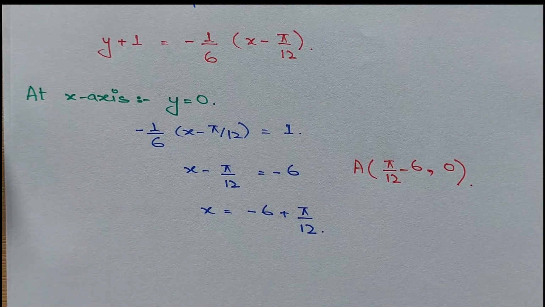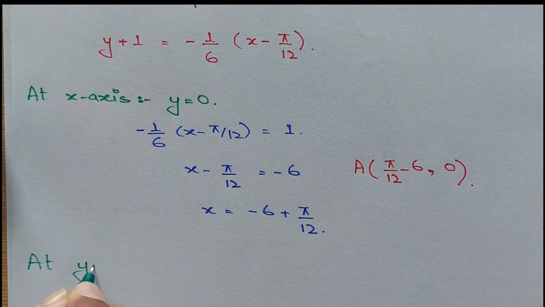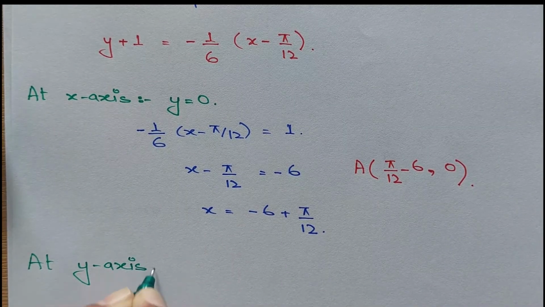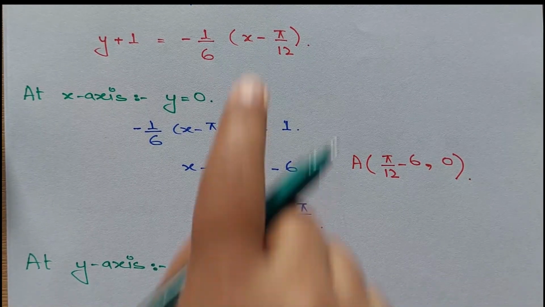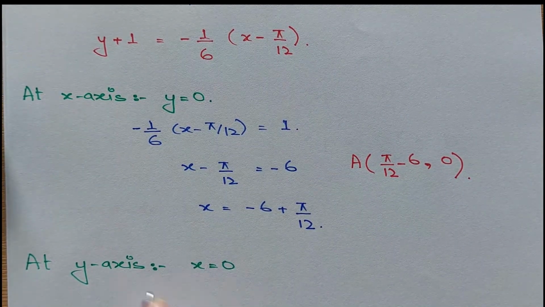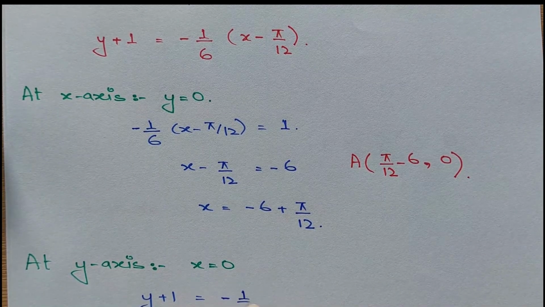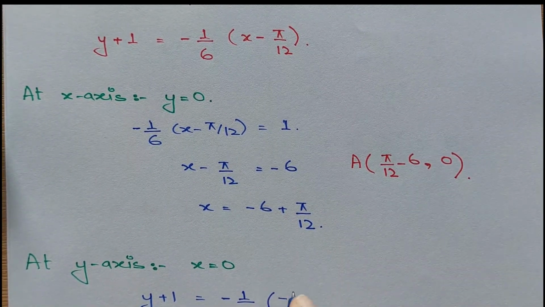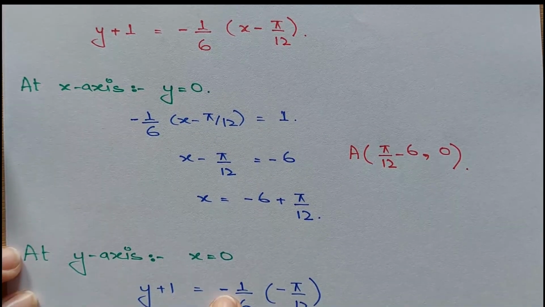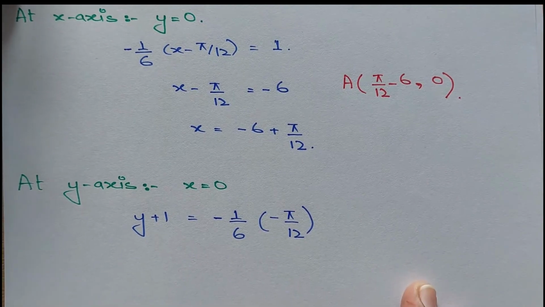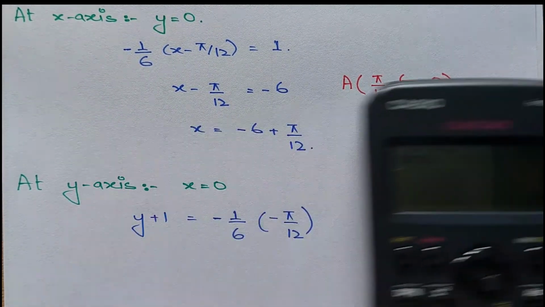And for y-axis, when the curve meets the y-axis, we will get the point B. We have x equals 0. So if I put x equals 0 here and solve for y, we have y plus 1 equals minus 1 by 6 times minus pi by 12, right? So negative times negative is going to be positive, and 6 times 12 is 72.